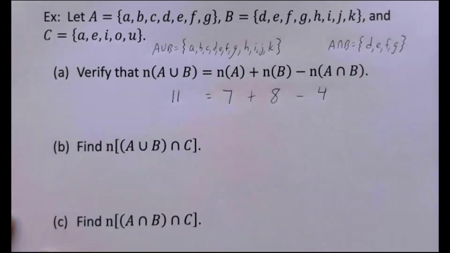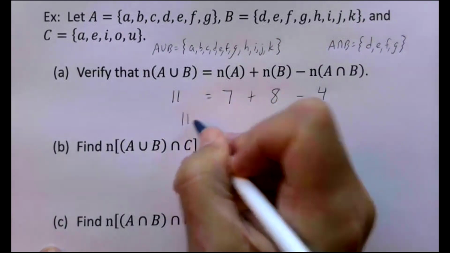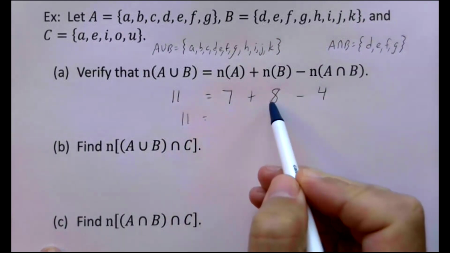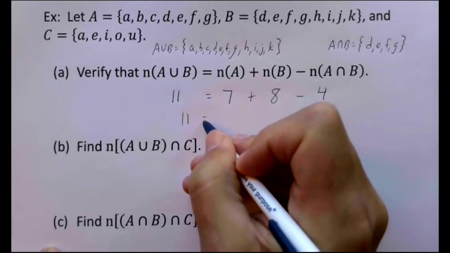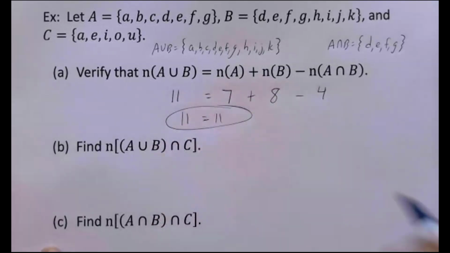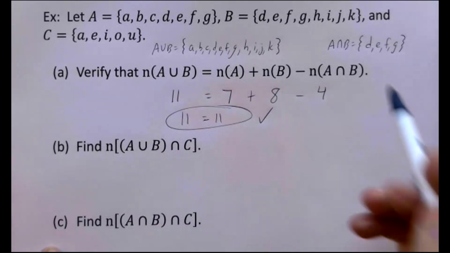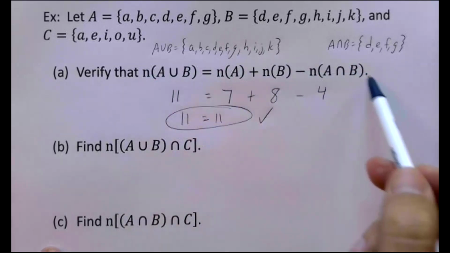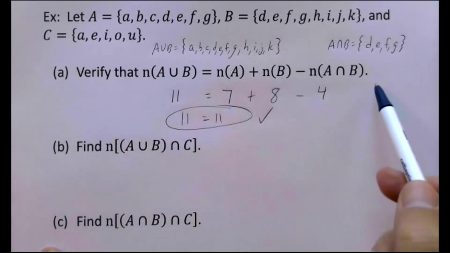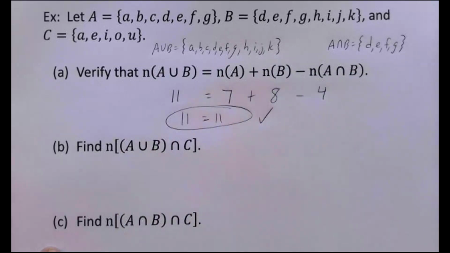When it says verify that, it just means make sure that's true. And I think it is, right? 7 plus 8 is 15. 15 take away 4 is 11. We're good. Everything checks out. We verified that the formula that we learned in the beginning of class works.